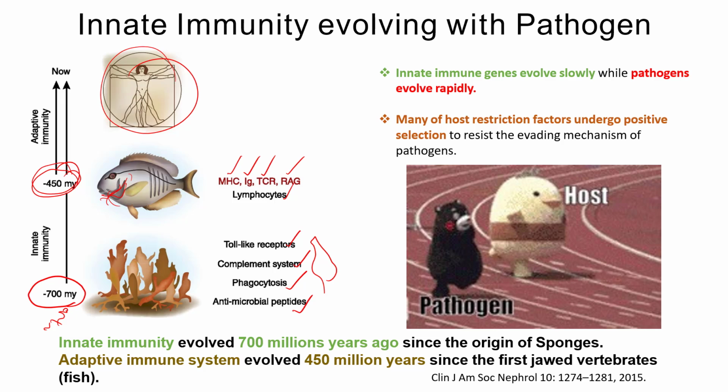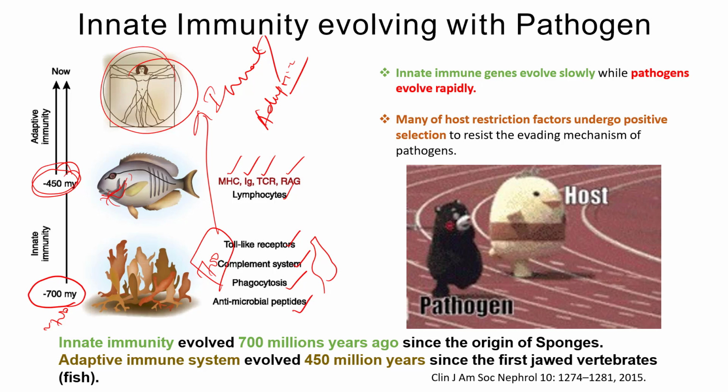So the evolution of immunity is not something that started in our body only. It has been there from nature itself. It started from sponges, 700 million years ago. Now also we have both innate and adaptive immunity.